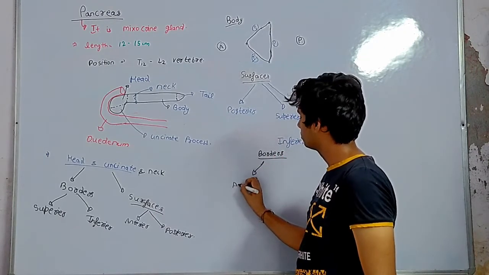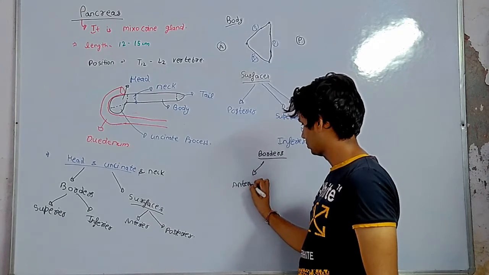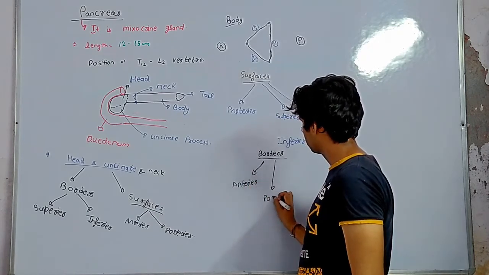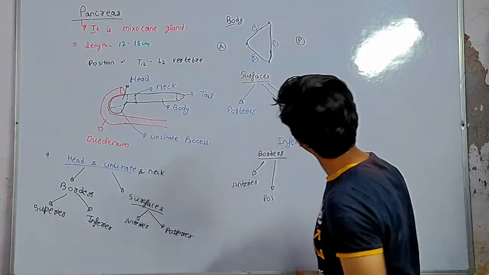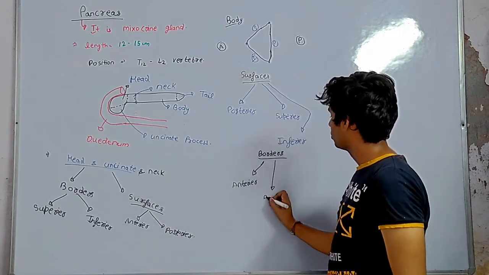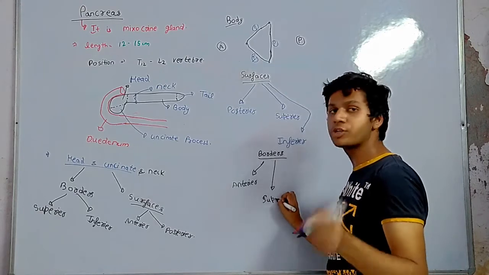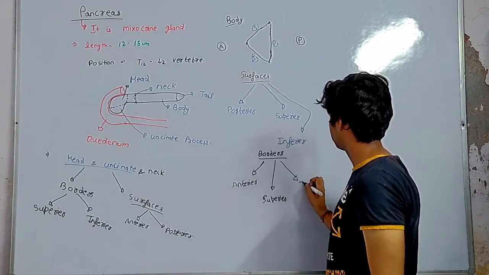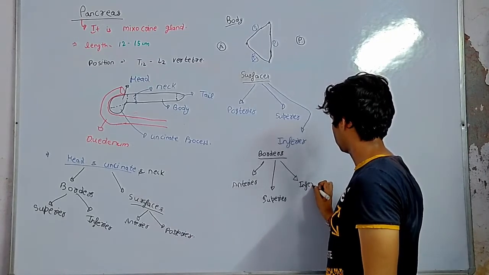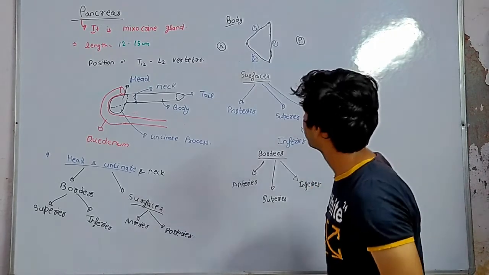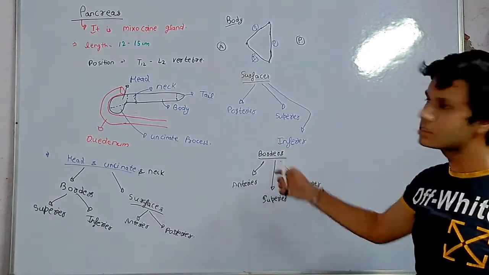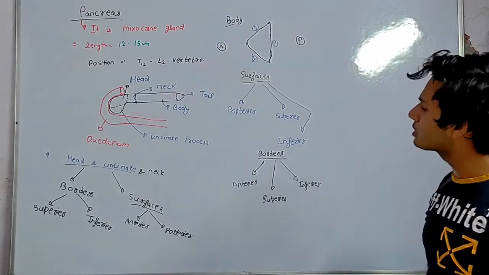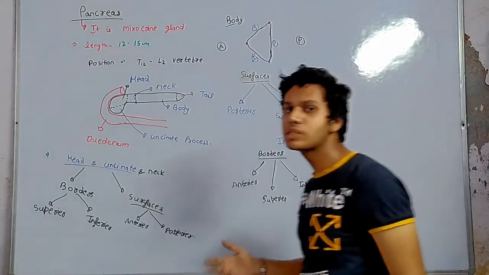Remember, no posterior border is present. These are the three borders in the body. Now the tail is just a small part like this. Done. So these are the parts, borders and surfaces of the pancreas.